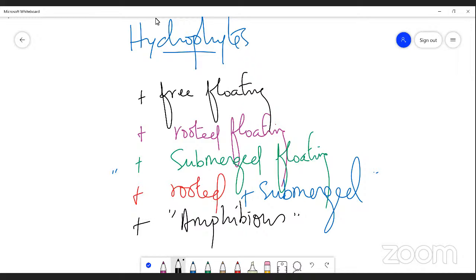Dissected leaves and entire leaves. The dissected leaves are present at the bottom of the water, and the entire leaves you see on the surface of the water. So that is called amphibious. I'm going to give a number of examples for each one. For amphibious, I can say the right examples are Sagittaria and Ranunculus. These are very peculiar characteristic features of the amphibious category, right? So hydrophytes are nothing but plants which grow in water, right?